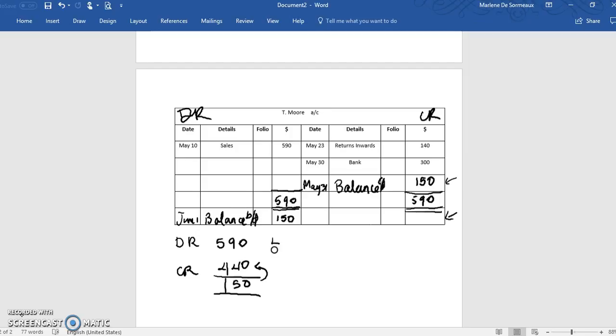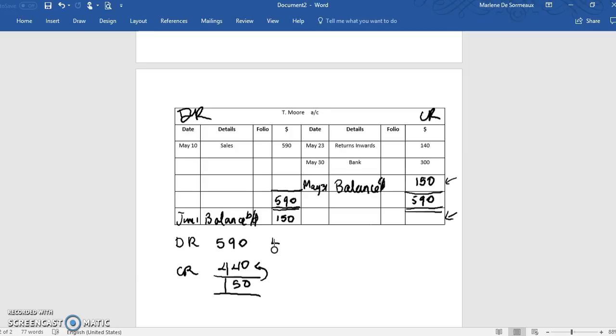You sold him goods for the value of $590, but he only paid you $300 and returned $140. So really and truly, you sold him goods on credit for $590, and he only paid you back, let's just say, $440. Well, theoretically, and therefore he will still be owing you $150.